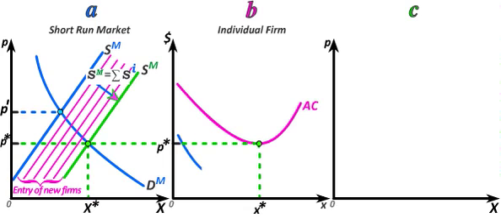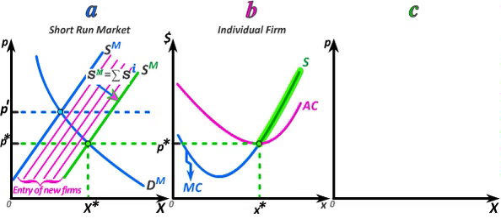We can illustrate this profit incentive for entry in panel B of the graph by inserting into the graph the firm's marginal cost curve. The firm's supply curve is then simply the portion of the marginal cost curve that lies above average cost.